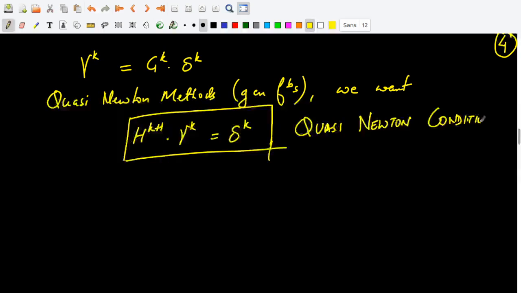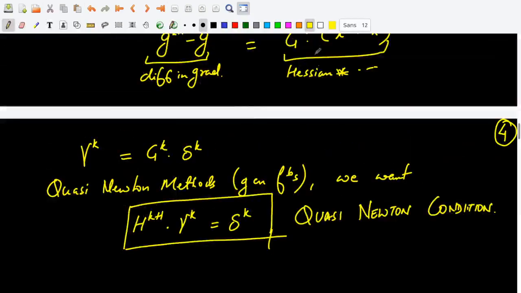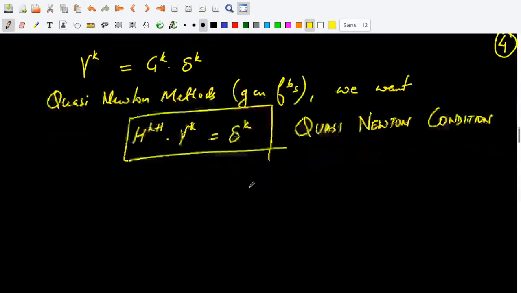The motivation that we want H to satisfy this relation comes from the approximation to the quadratic functions, like we just wrote above. From this it should be very clear that we can't choose H_k here, because delta and gamma are actually decided after we pick H_k.